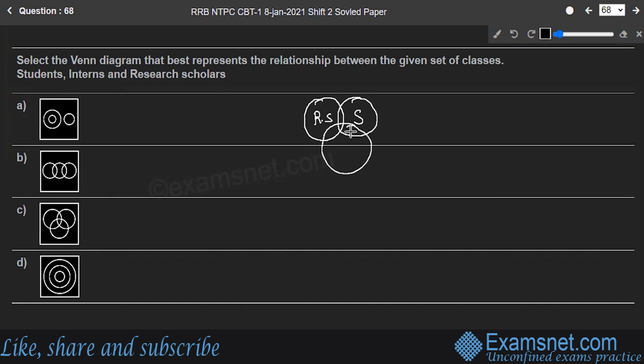So I'll make it like this. So some research scholars are students, some interns are research scholars, and some students are interns and research scholars as well. So this is the correct representation of the given classes, and this matches with option C. Hence, this is the answer to our question, option C.